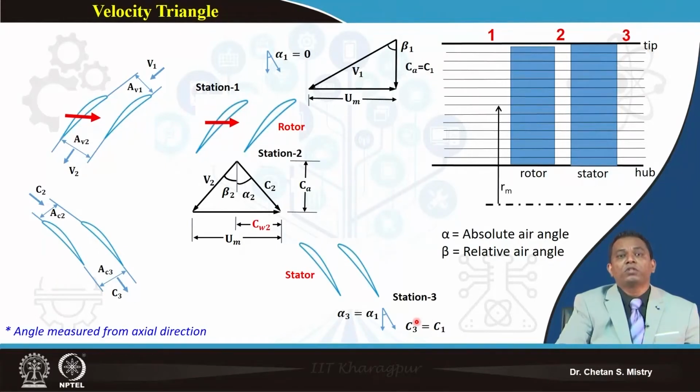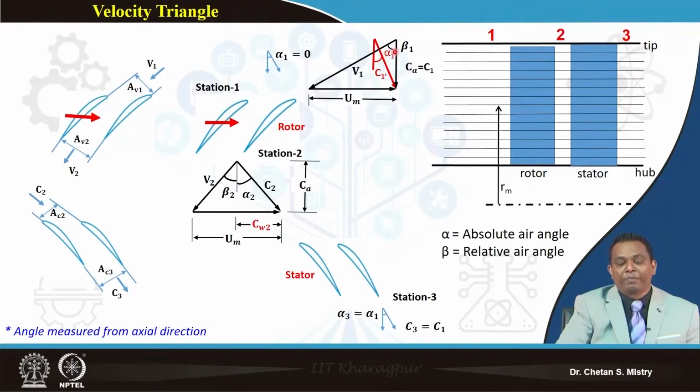Now suppose I try to enter my flow not axially, but let my flow enter at some angle. Suppose my flow is entering at some angle alpha 1. Again I am repeating, we are measuring our angle with reference to the axial direction.